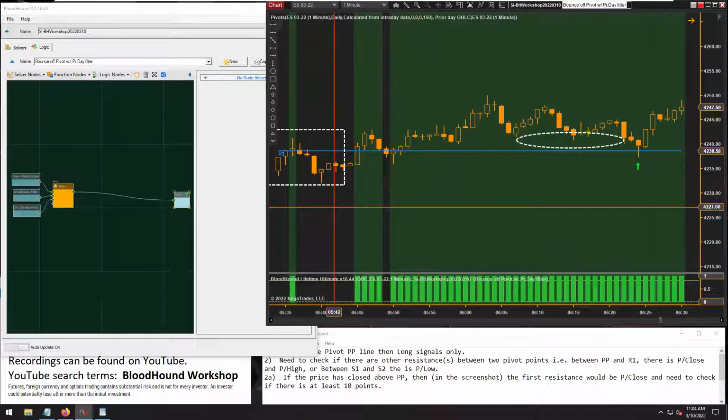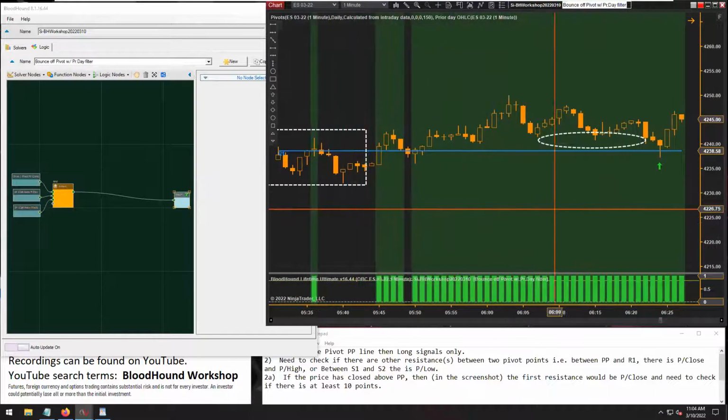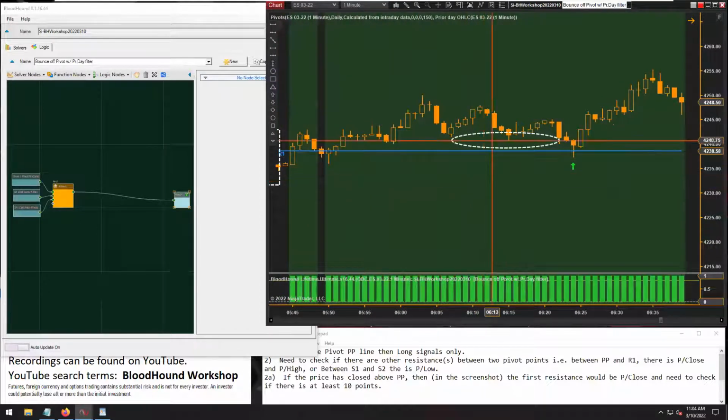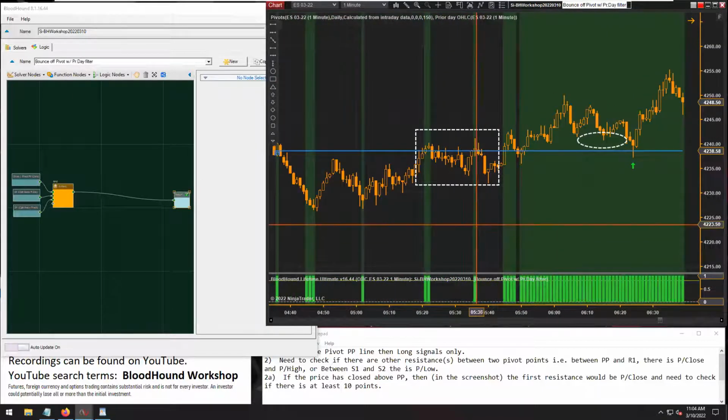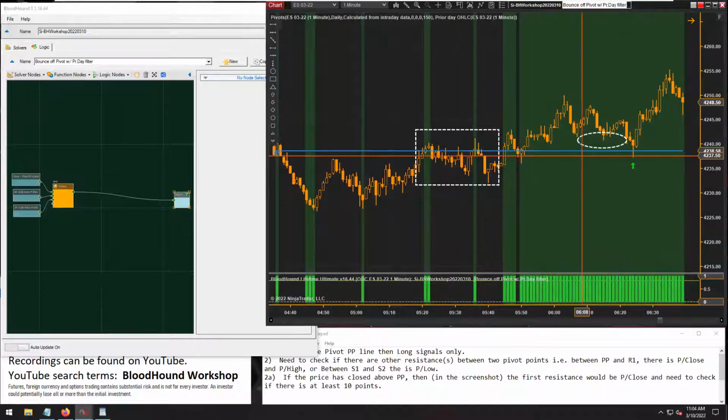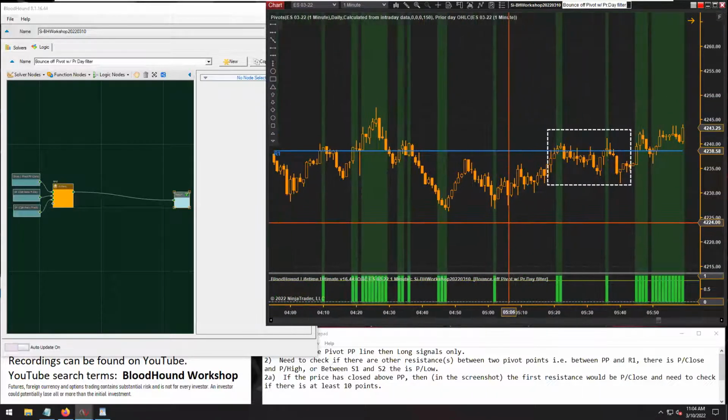Those are all subjective numbers that you guys have to determine on your own. But that is basically one of the mechanical requirements when you identify bounces here.